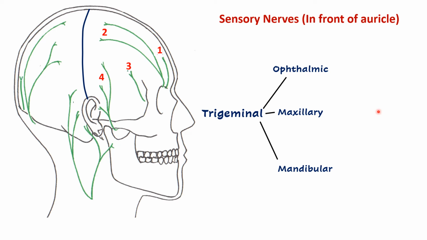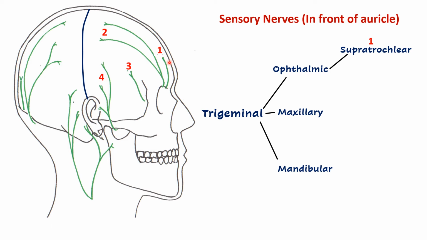Let us look at their branches. A total of 4, but here we have only 3 divisions. So the ophthalmic will give 2 branches, the maxillary will give 1 branch, and the mandibular will also give 1 branch to the scalp. From the ophthalmic division, let us see which are the branches. Supratrochlear. This is the supratrochlear. Now, remember the arterial supply also. There the ophthalmic artery was supplying 2 branches.